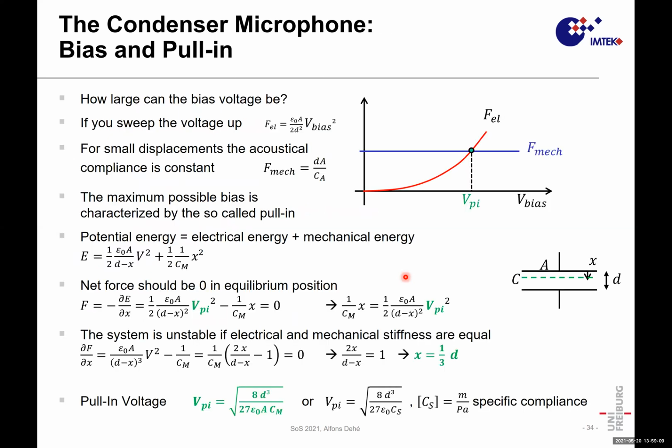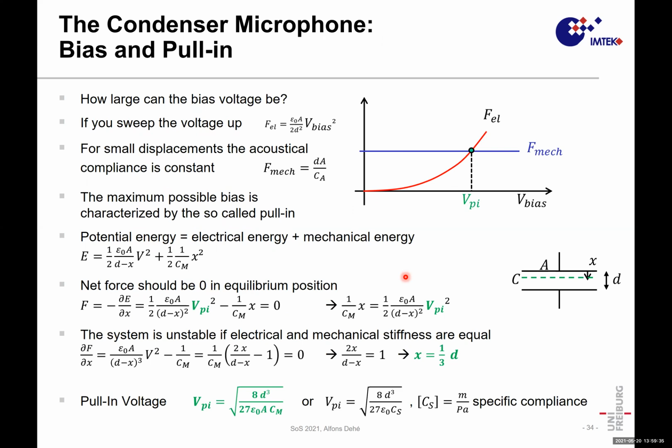But before we go into the compliance of our diaphragm, which is basically the sensitivity effect, we check about limitations, electrical limitations again. Basically, how large can a bias voltage be if you have this spring situation?